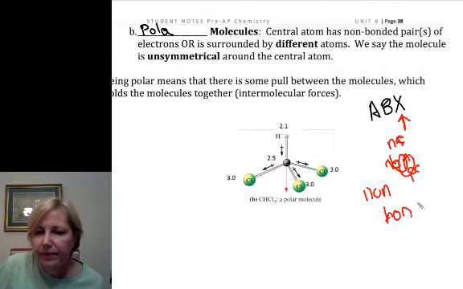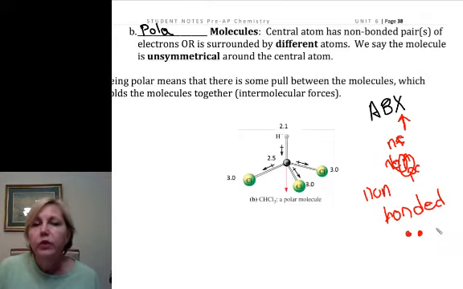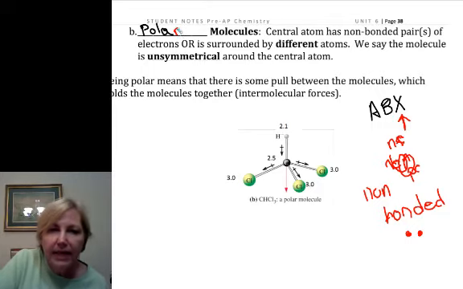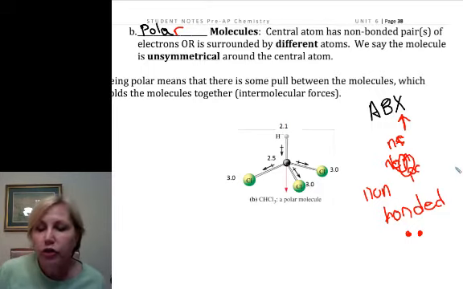I don't know what's happening with my Mimio, I'm so sorry. That extra pair of electrons. If you see that, it's automatically a polar molecule. That's not true at the AP level, but it is true at the pre-AP level.